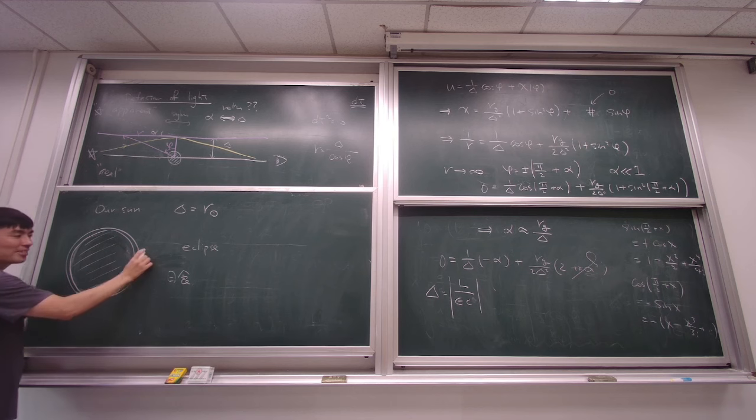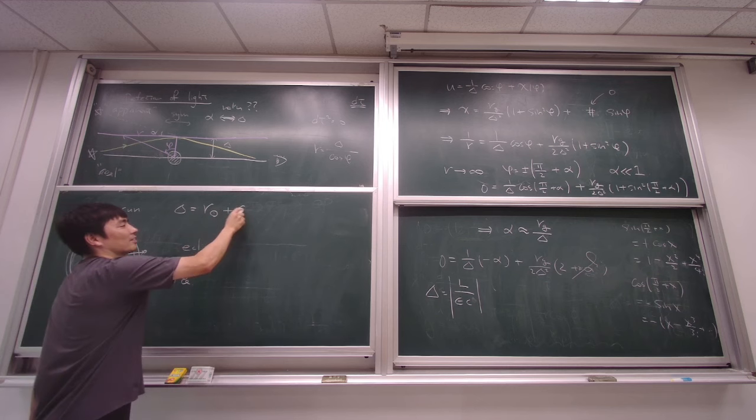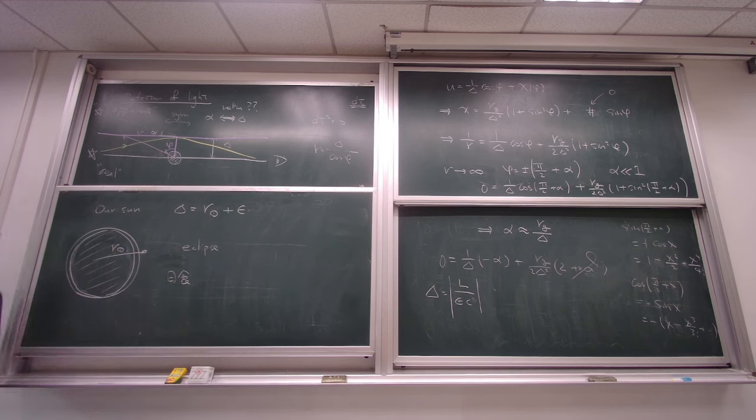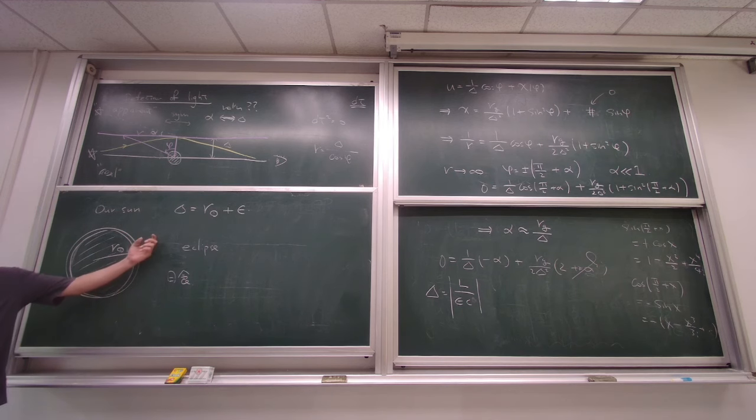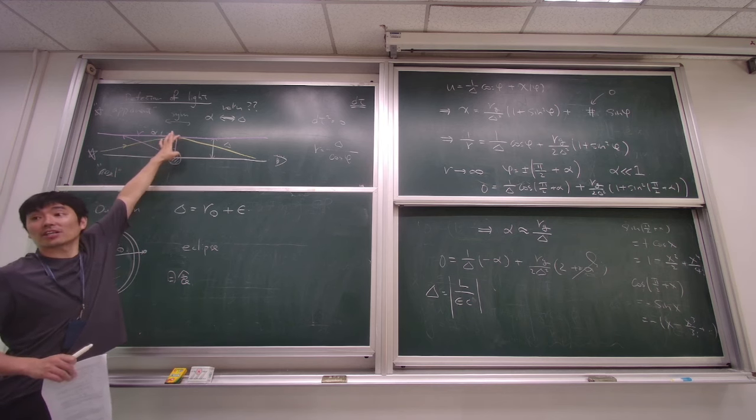Then if there is some light coming from really close to the sun, almost the radius of the sun plus something, you can still measure the light. Because the moon blocks the sunlight, if there is something coming from the outside of the sun, or slightly way out, you can still measure it. So delta here can be the size of the radius of the sun.